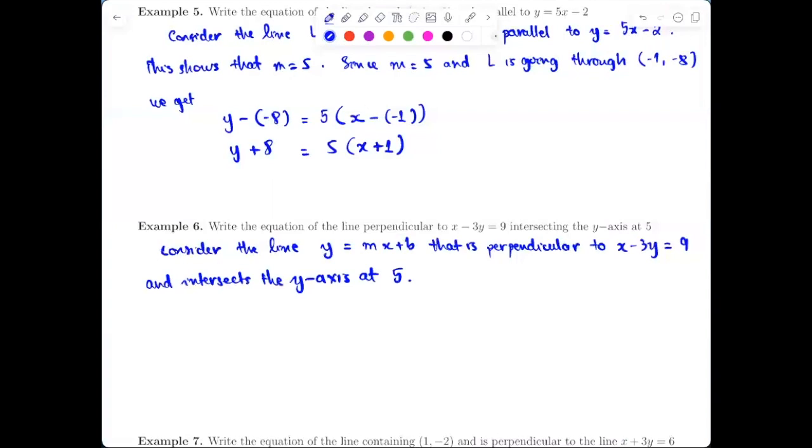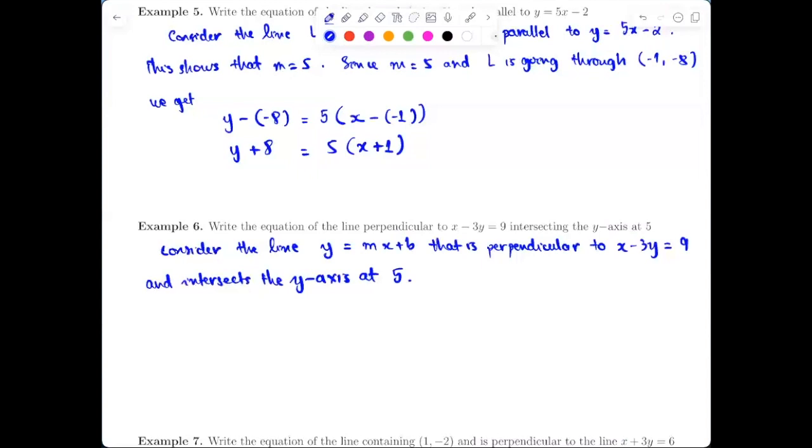You may wonder why I use slope-intercept form, instead of the point-slope form earlier. I use y equals mx plus b because the information given to me is that the line is intersecting the y-axis at 5. So I can automatically obtain the value of b.